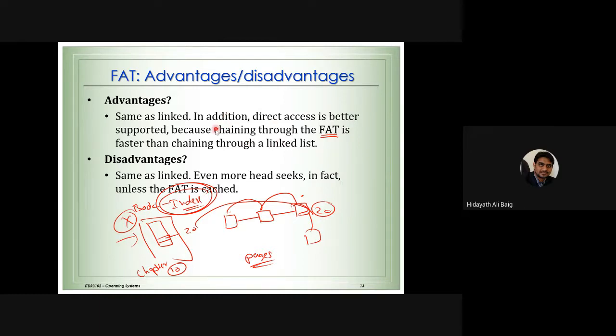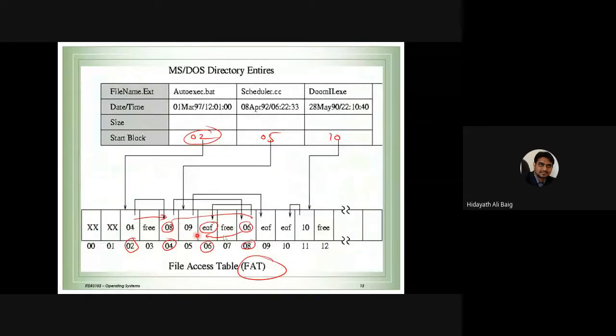In linked allocation, we cannot directly go, but with the help of this table, remember, this table is like an index table. You can easily remember: this is like an index of the book, which shows the starting point. Suppose this is a chapter. It tells you, if you want to read this chapter, go to page number 2. When you go to page number 2, it will tell you your next page is page number 8.